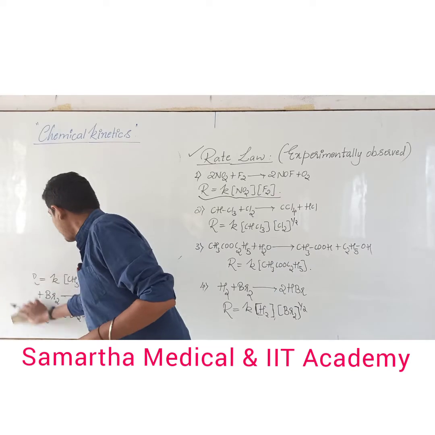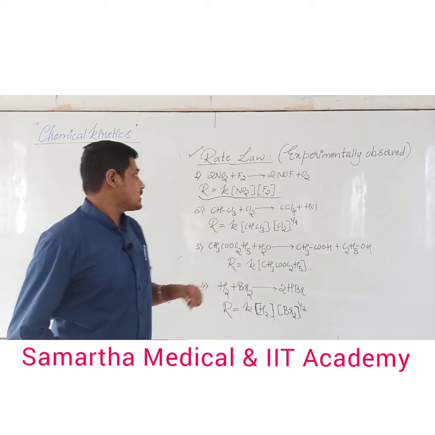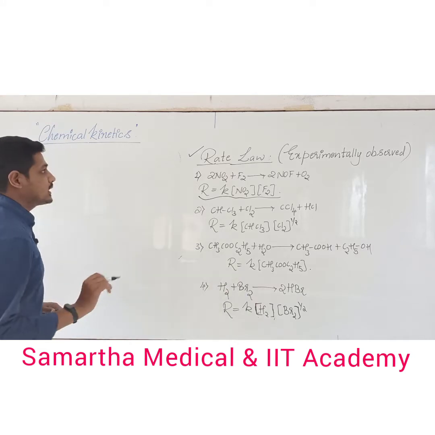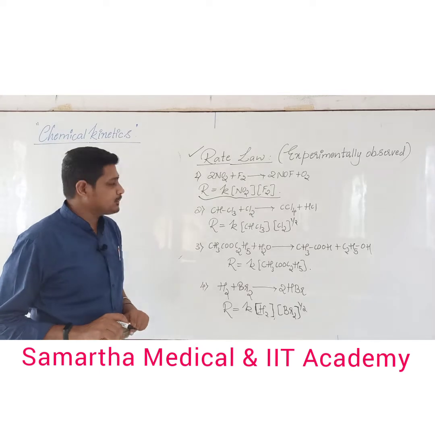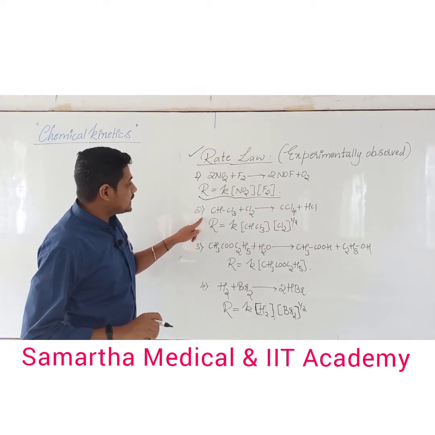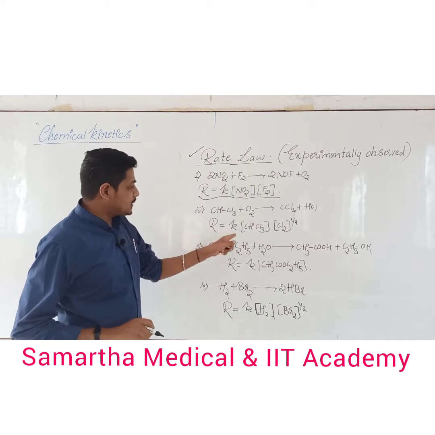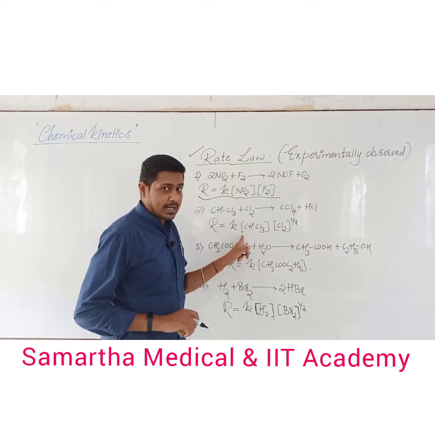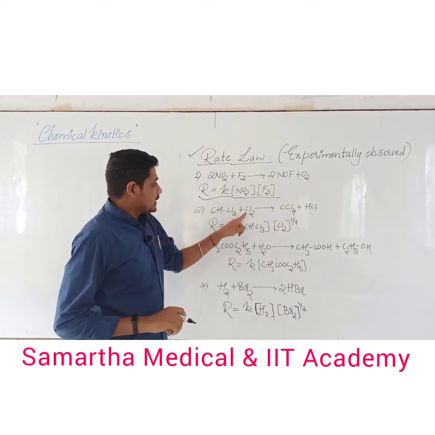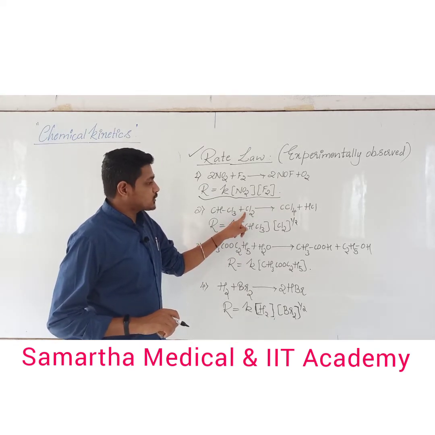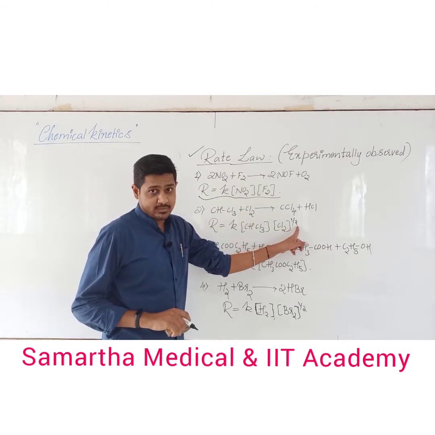Now what is the conclusion so far from the rate law? I will tell you. There are different types of reactions I have taken. If you consider the second reaction, here the rate is again the product of molar concentrations of the reactant, but if you observe closely, the stoichiometric coefficient of chlorine is 1, but here the power is half.